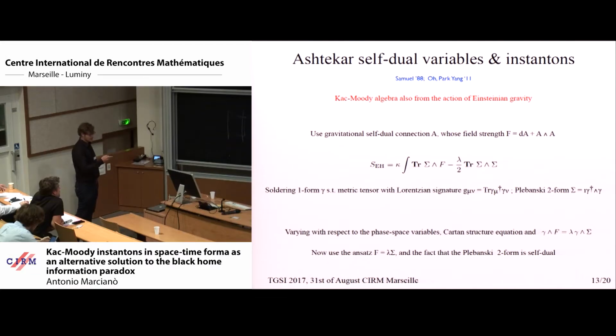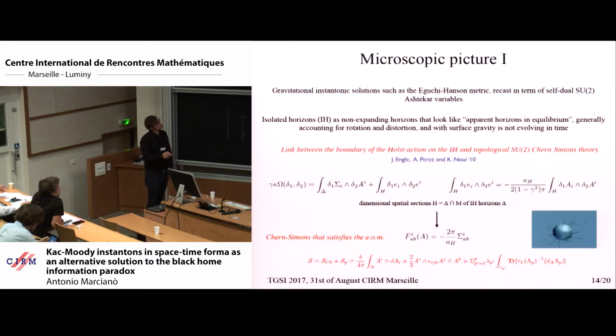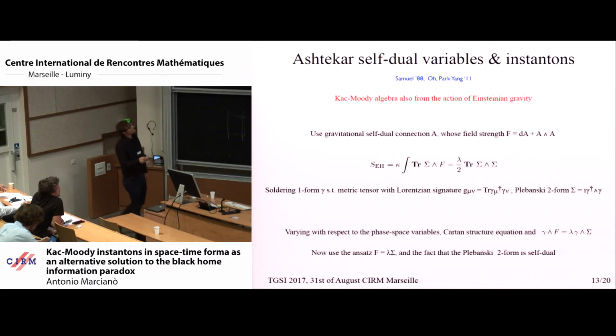A way to see it is, for instance, to consider the Einstein reduction reshuffled in terms of this two form here. This two form is the Plebanski two form, which is the double wedge product of the soldering one form, which I will introduce, and then the metric will be just a trace of this soldering one form.